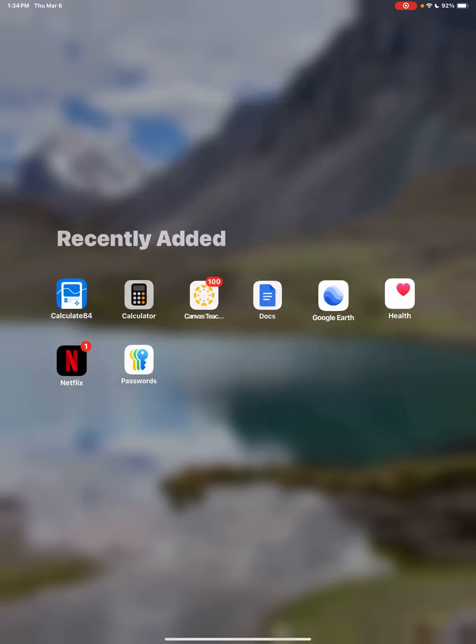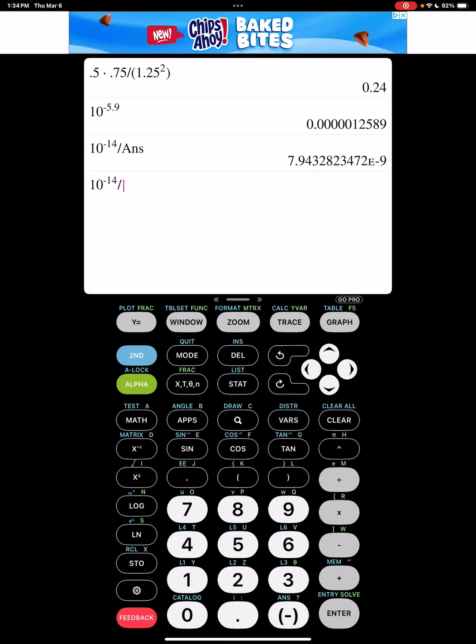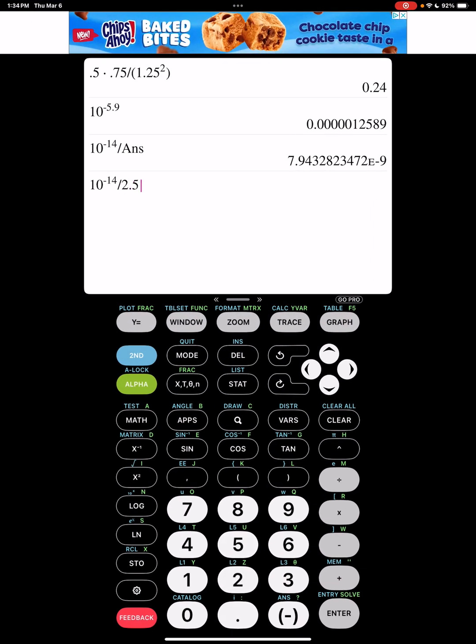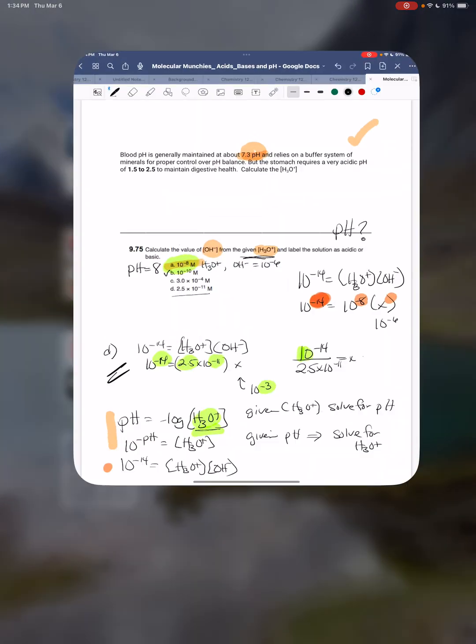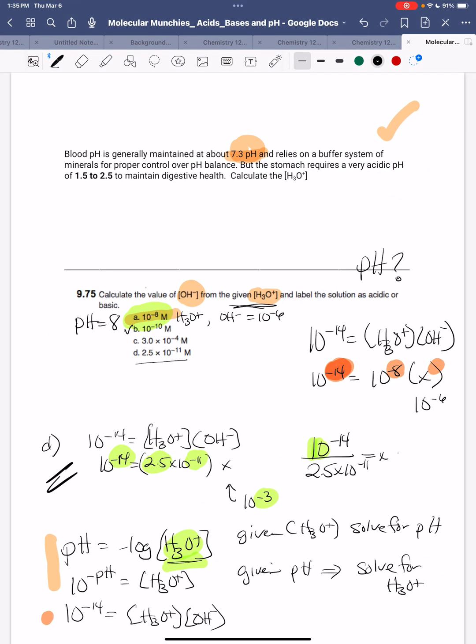Okay, so 2.5, I'm using the exponent button here, to the negative 11th. And then I get 4 times 10 to the negative 4th. So let's put that down, 4 times 10 to the negative 4th. So in this problem, my OH concentration is 4 times 10 to the negative 4th molar.